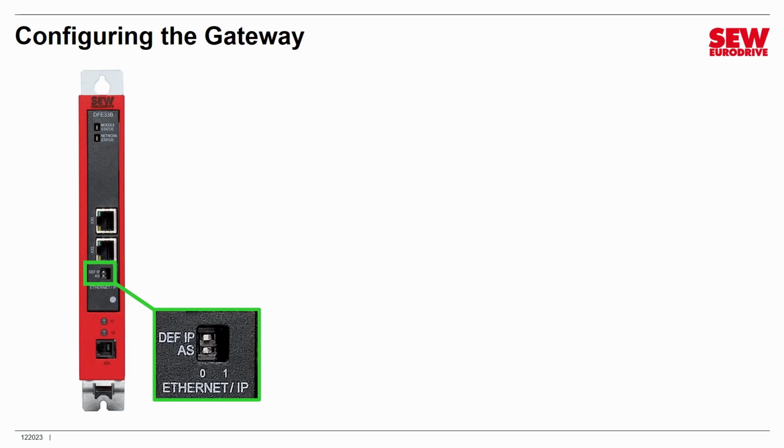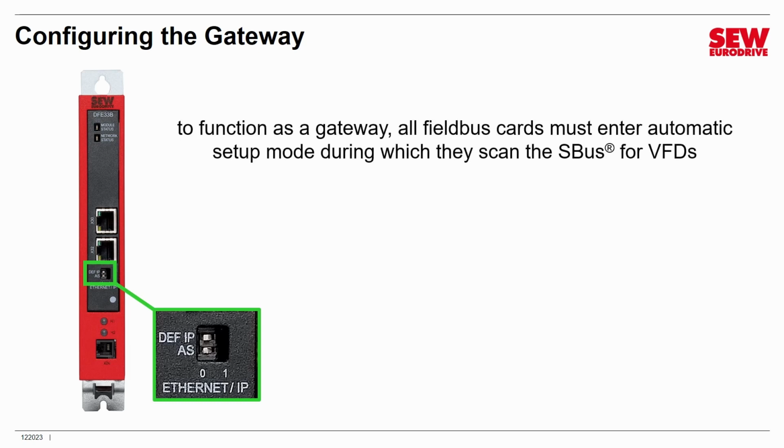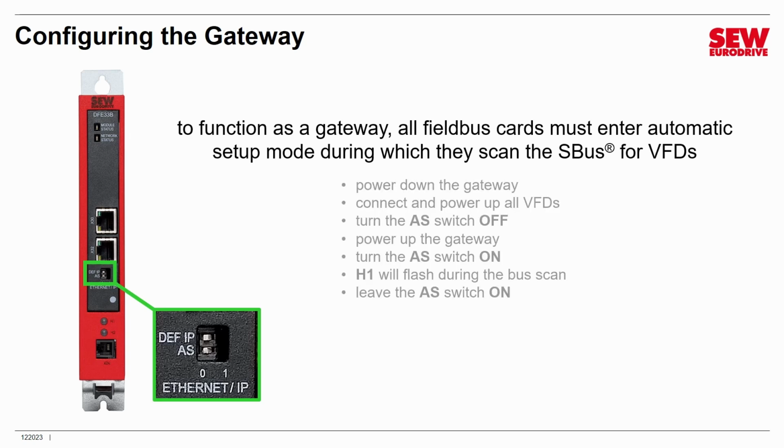All right, so once you have the gateway's address set up, you need to do something else. It needs to learn what's connected to it on the S-Bus side. So to function as a gateway, all Fieldbus cards must enter an automatic setup mode during which they scan the S-Bus for VFDs. So here's the procedure. Power down the gateway, connect and power up all the VFDs, turn the AS switch on the front of the Fieldbus card off, power up the gateway, then turn the AS switch on.